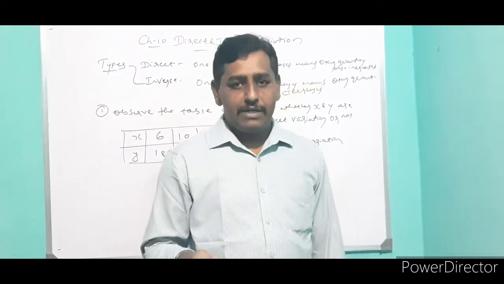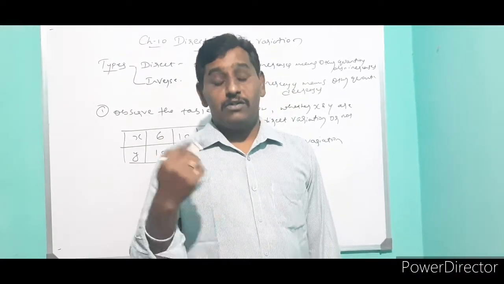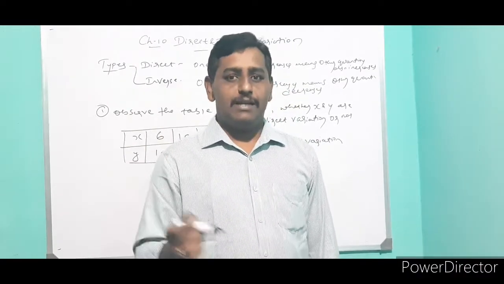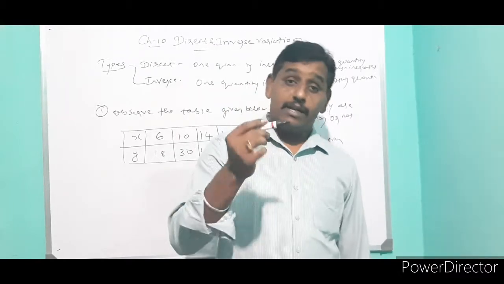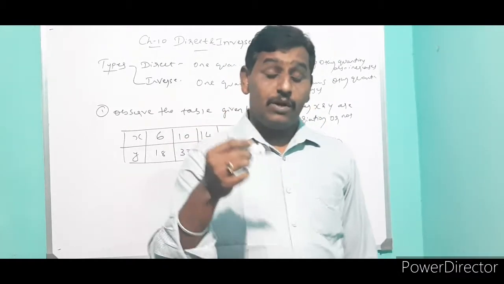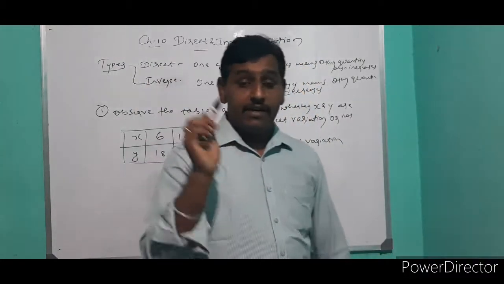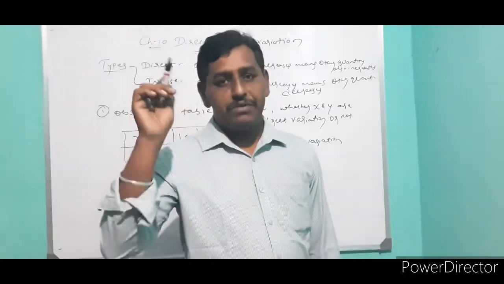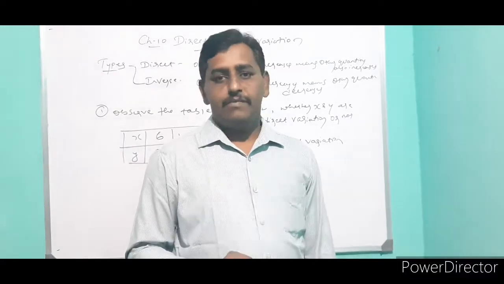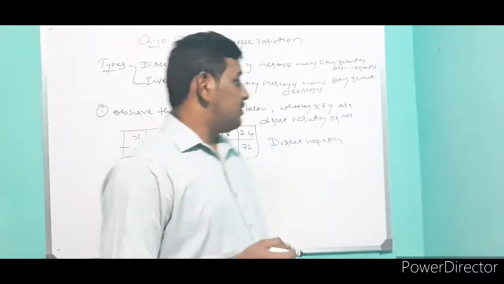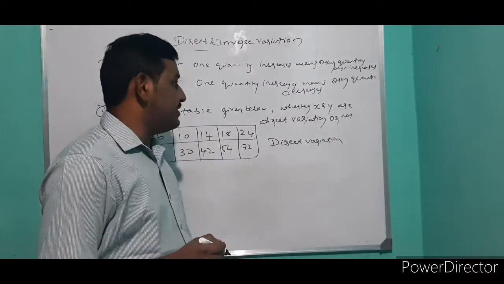If you buy more articles, you have to pay more cost. And if one quantity is decreasing, the other quantity is also decreasing. That is not the case in inverse variation.